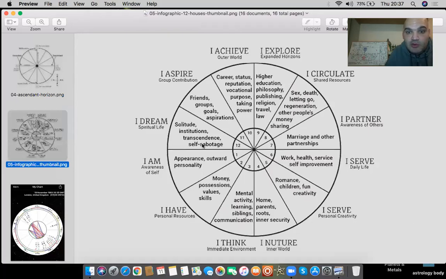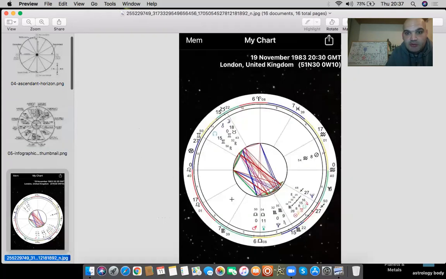Also, last week we went through what each house means. So if you want to do that again, rather than me going through it again, you can just pause this part and go over what each house means.